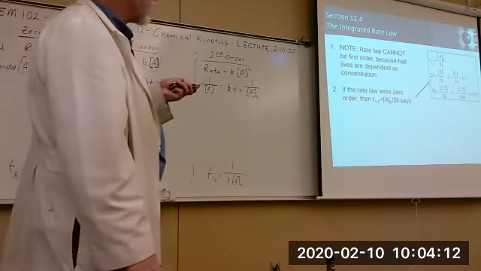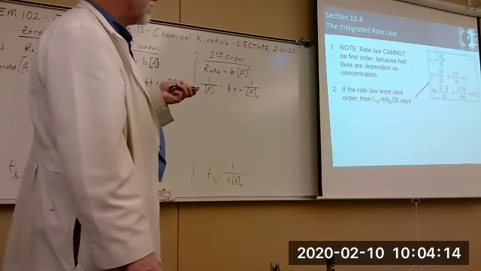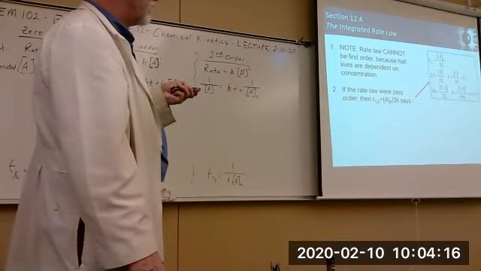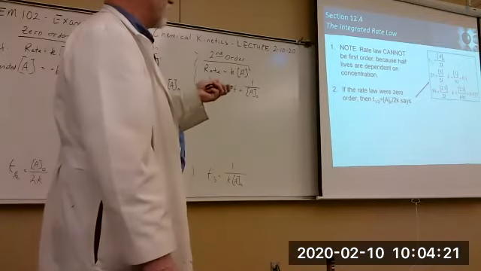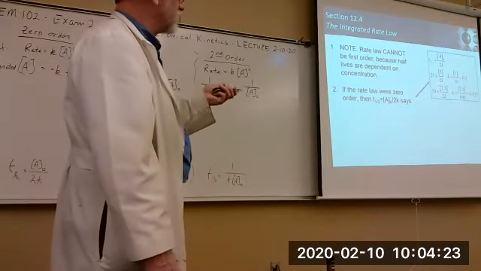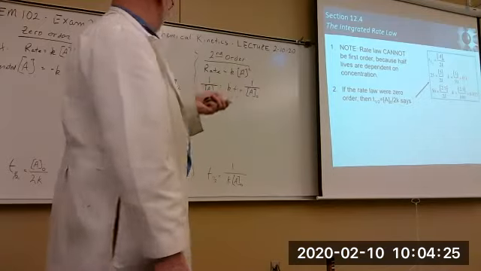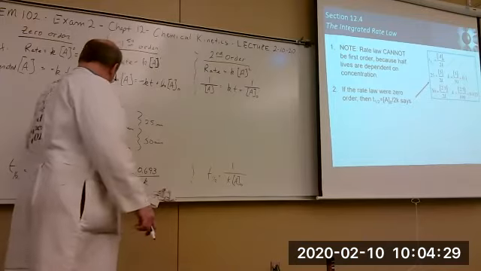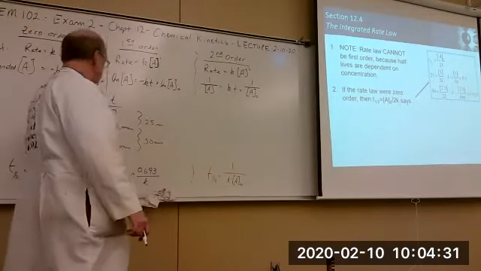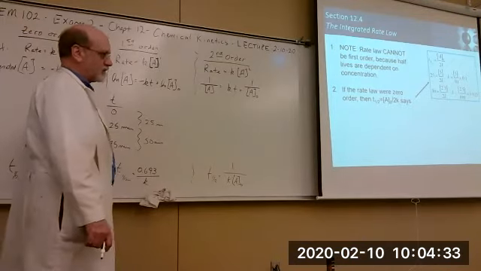Well, if it's zero order, then you should get the same k for the second calculation. So if we say we're starting at 2.5, and our half-life is 50, so half-life 50 equals 2.5 over 2k, with 2.5 as our initial now. Our initial is actually changing for this reaction. The initial concentration for the second half-life is 2.5, not 5.